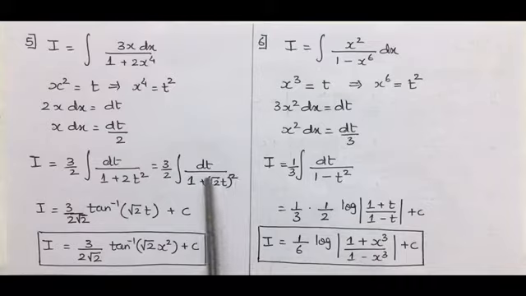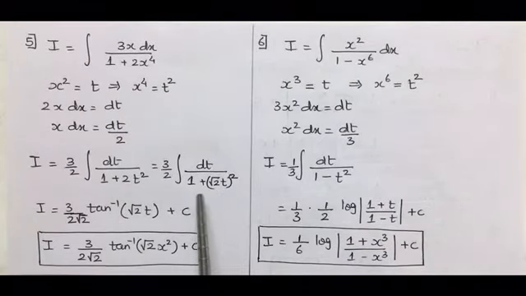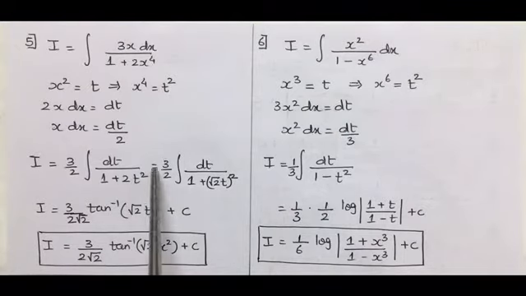So now if you compare this integration with the standard integration, we have a square plus x square form, and a square plus x square form is 1 upon a tan inverse x upon a plus c. Now here 3 by 2 is as it is. A part is 1, so 1 by 1 becomes 1.